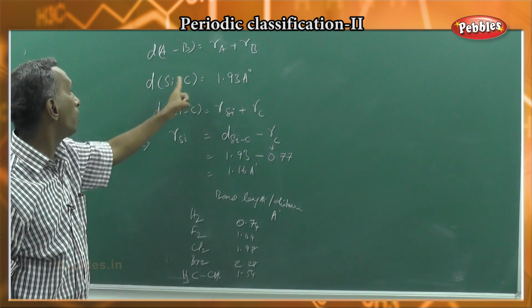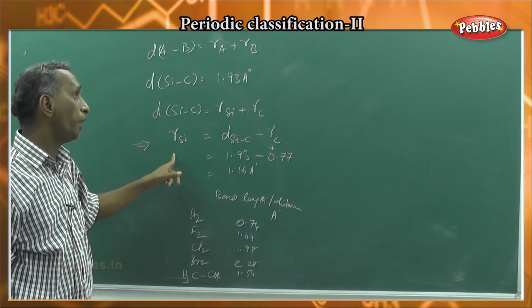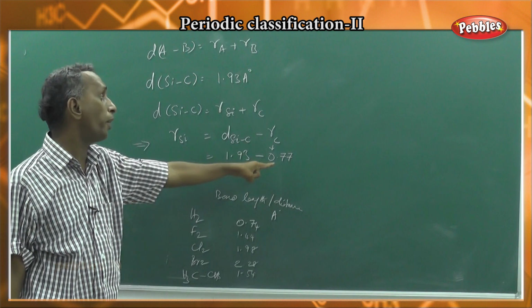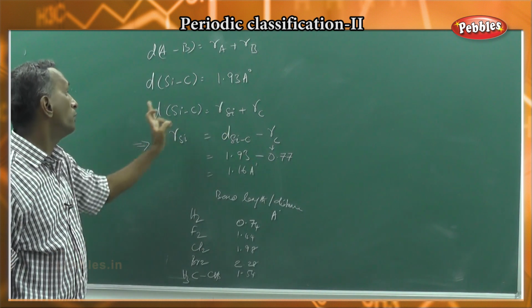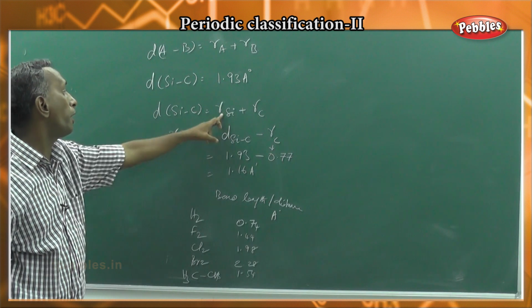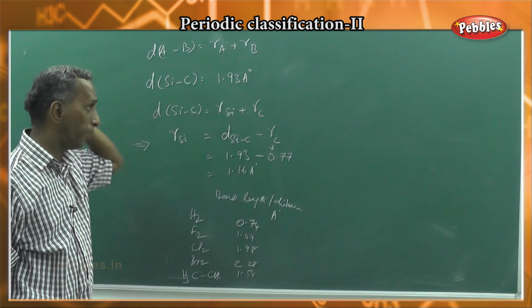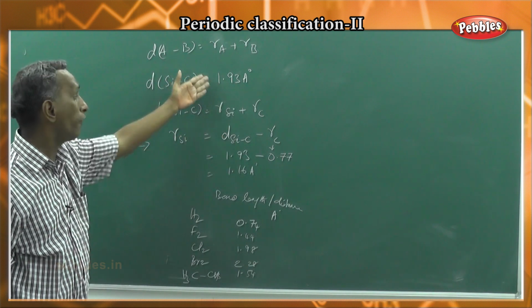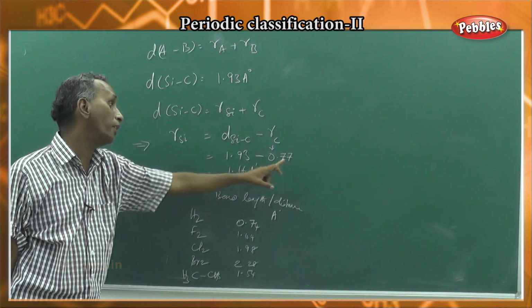The distance between silicon and carbon atom is given as 1.93 angstrom, and the radius of carbon atom is given as 0.77 angstrom. Rearranging this equation, the radius of silicon atom is equal to the distance between the silicon and carbon atoms minus the radius of carbon atom, which is 1.93 minus 0.77 angstrom.